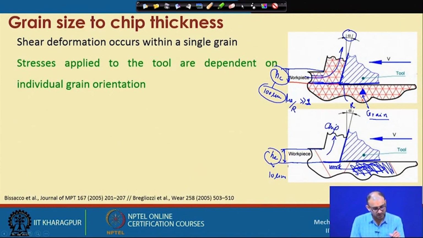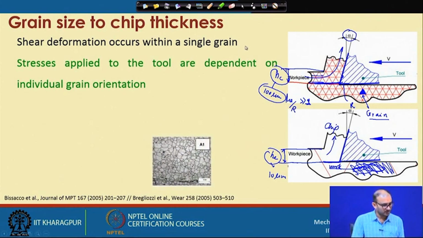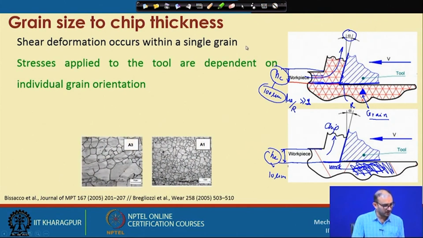This type of arrangement will not be available when you actually cut different materials. So now, these are two different examples. Here is the small grain size, and here it is a comparatively large grain size.